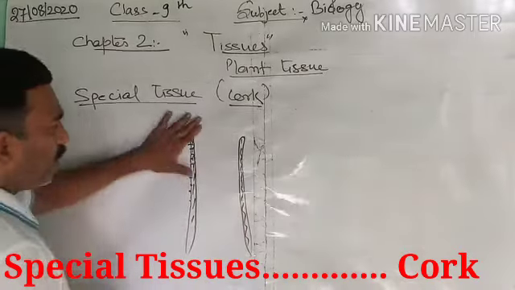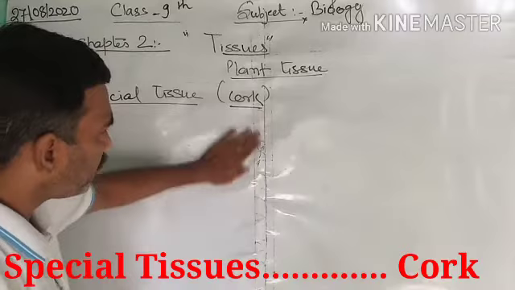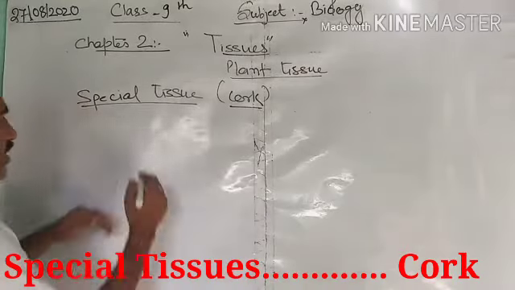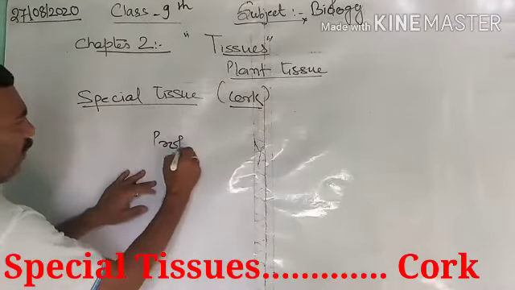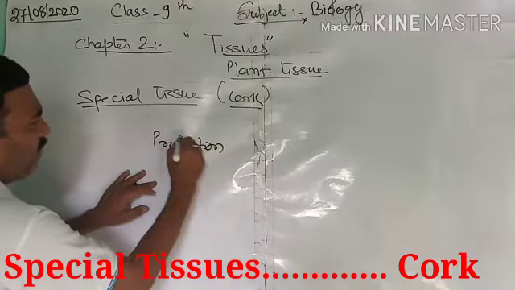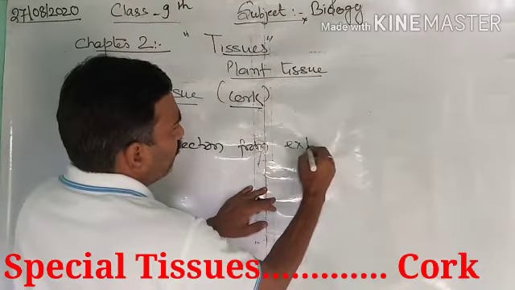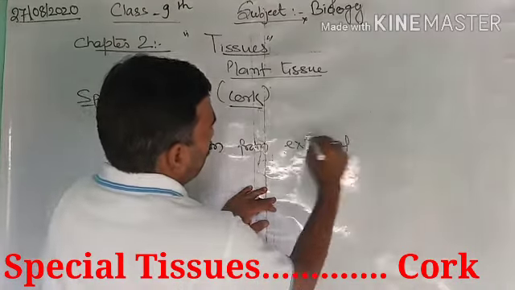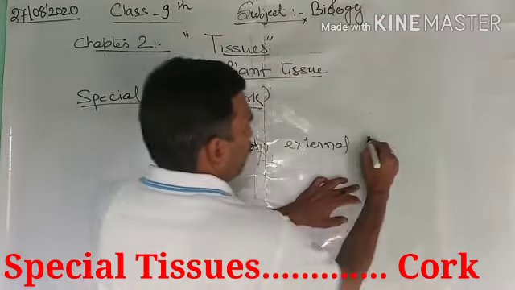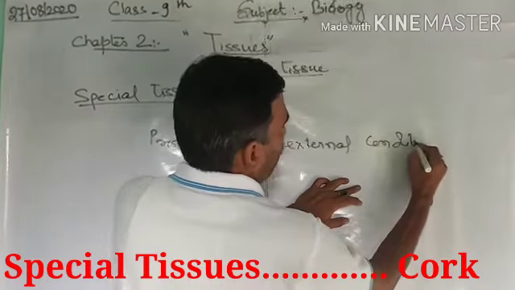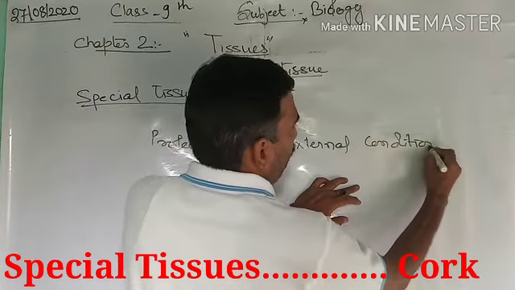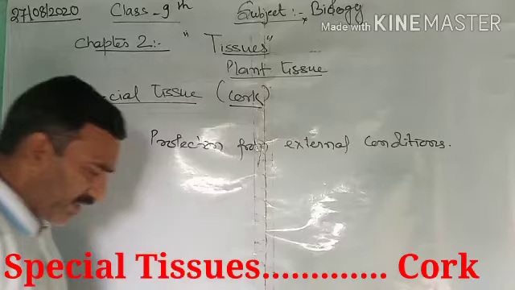This cork cambium provides protection from external conditions. Now, what is the external condition?